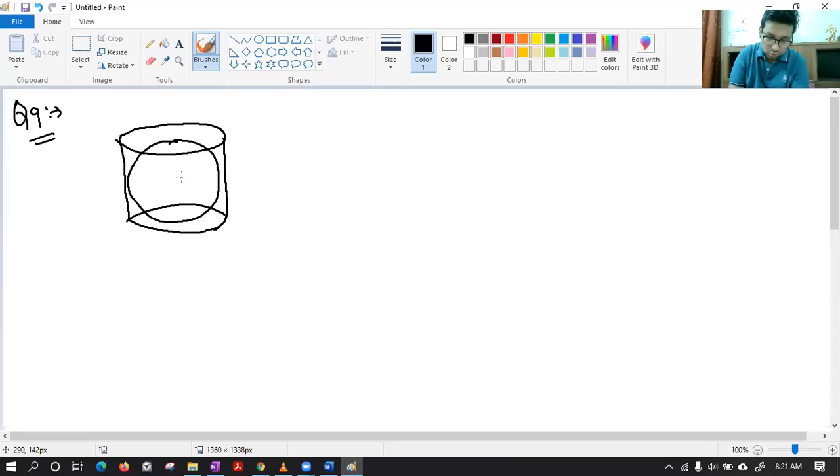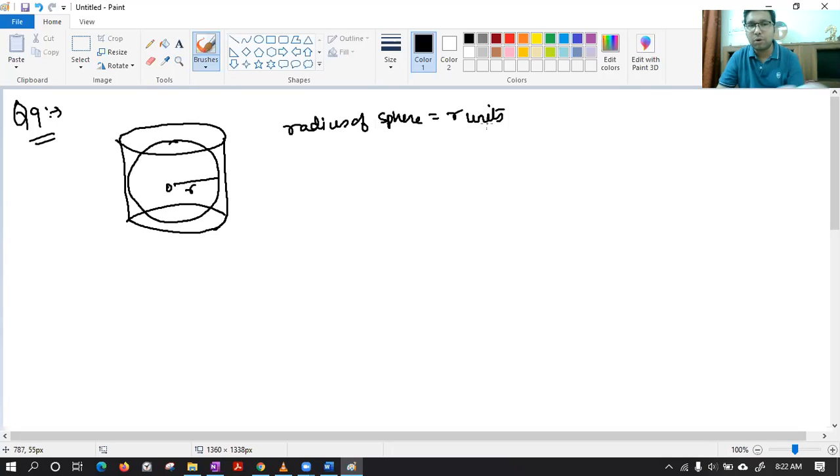Okay, so we have to find surface area. The radius of sphere is given to you as r units. Class, what we can say about the radius of cylinder? It is not given to us.